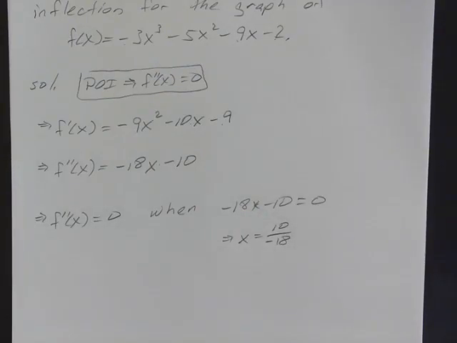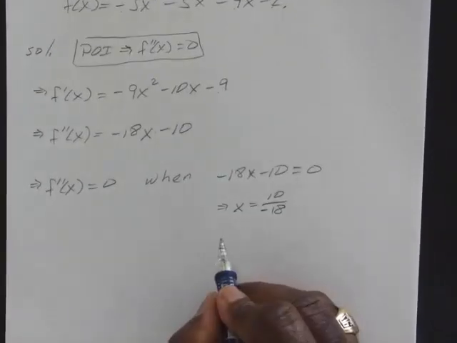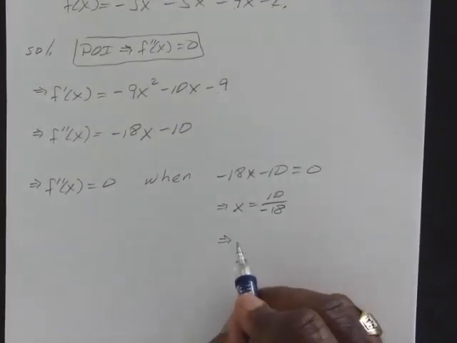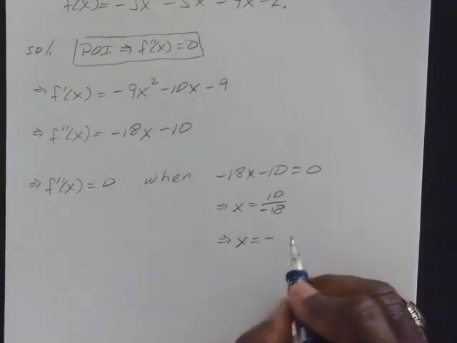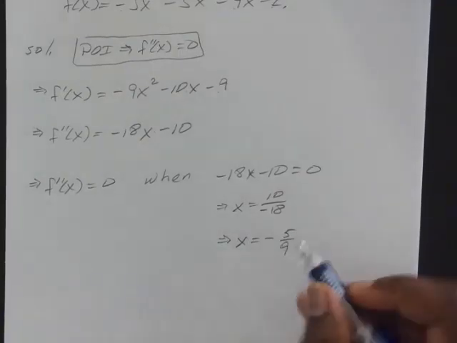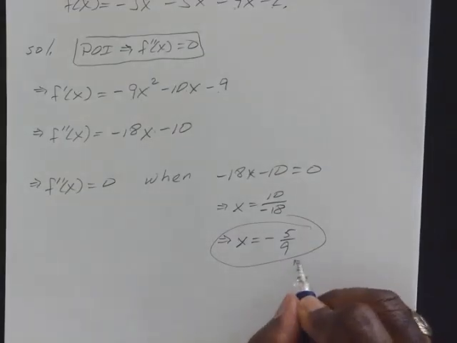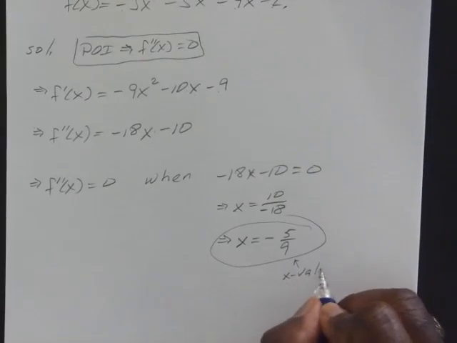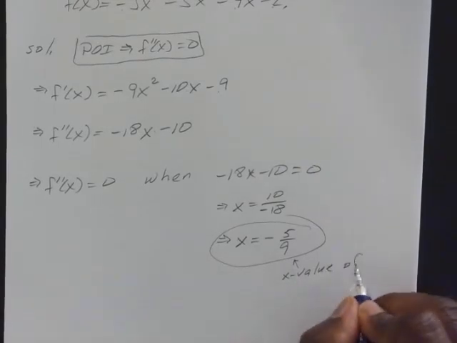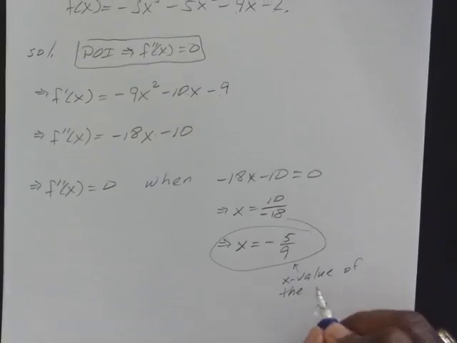Well, we can divide both of those by 2 to simplify, or multiply them by 1/2. So we know x is equal to negative 5/9. And that's the x value of the point of inflection.